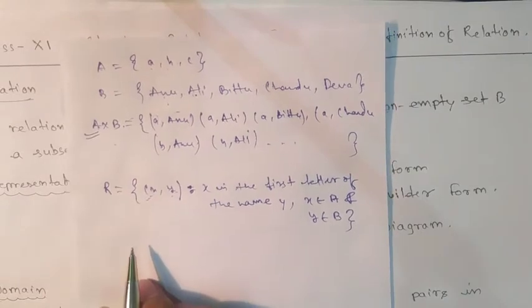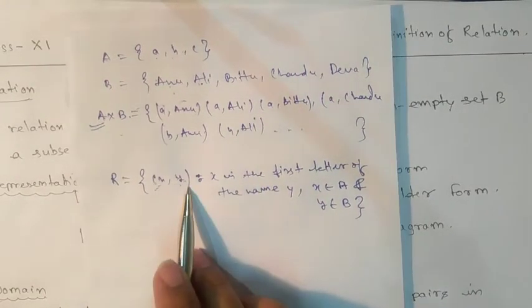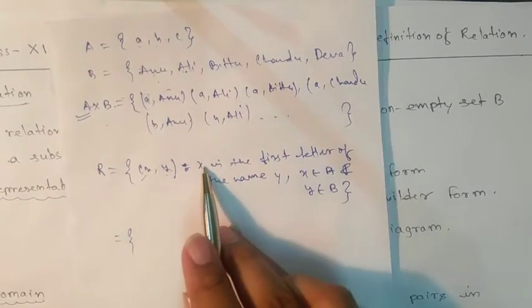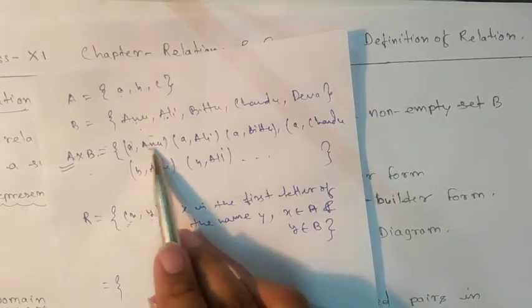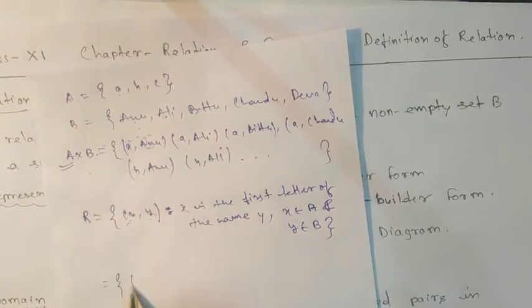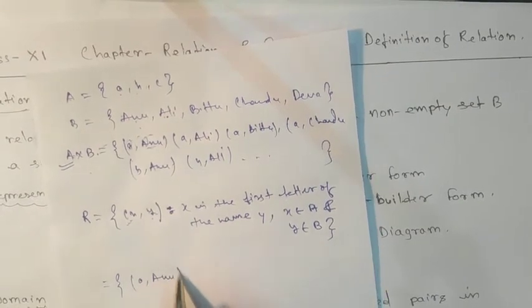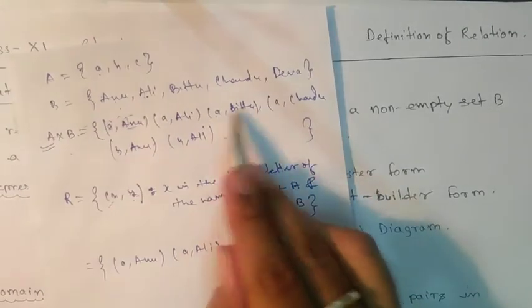Can you guess what the ordered pairs will be here? Yes, x means the first letter, that means a. Look at (a, Anu): first letter matching, so we'll take all of that subset here: (a, Anu), (a, Ali), (a, Bittu).